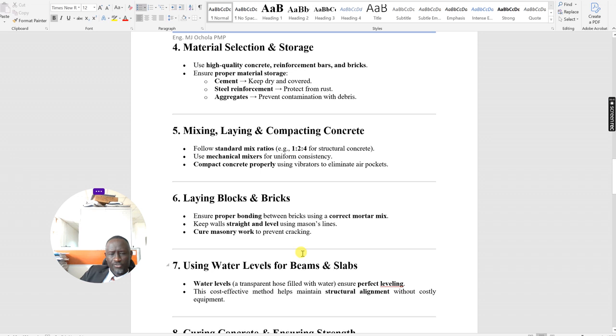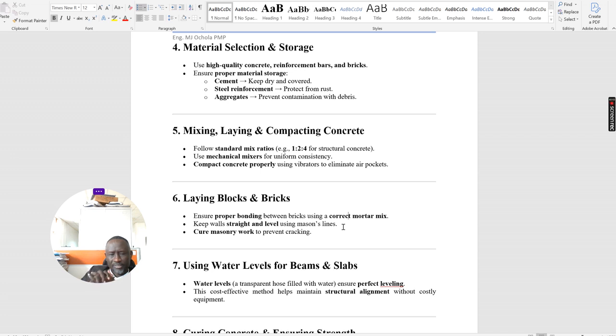You have to keep walls straight and leveled using mason's lines. I talked of vertical and horizontal alignment control, which is very important. Most builders use a plumb bob for constructing block walls and bricks, or masonry walls.